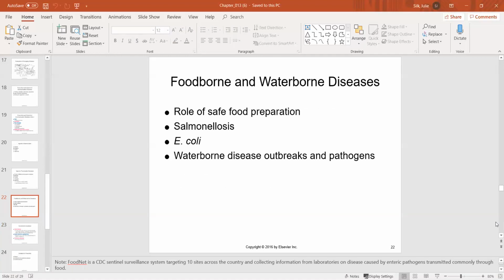All right, so there's also foodborne and waterborne diseases. So FoodNet is a CDC Sentinel surveillance system that targets 10 sites across the country and collects information from laboratories on diseases that cause enteric pathogens transmitted commonly through food.